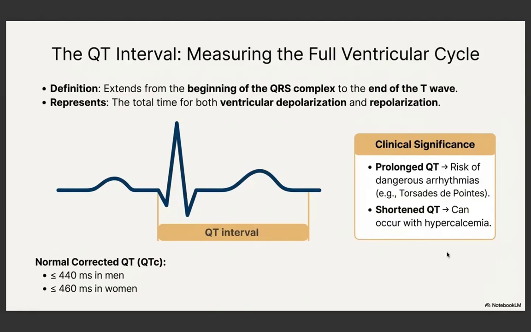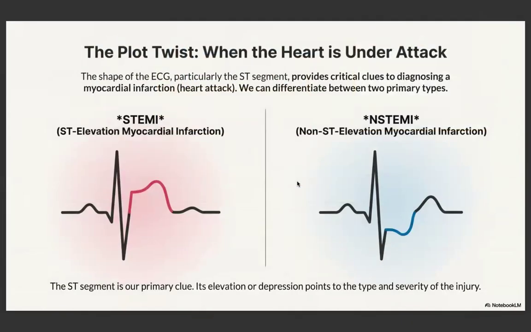A shortened QT interval happens a lot of times with hypercalcemia, too much calcium in the blood, because calcium channels regulate the conduction in the heart. If you have too much calcium, it's going to cause it to fire a little bit more.